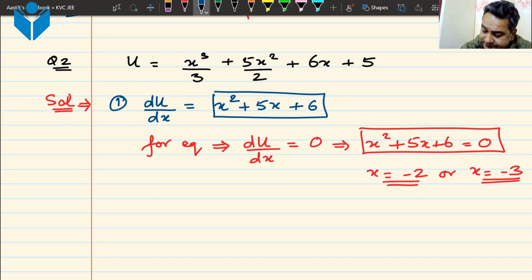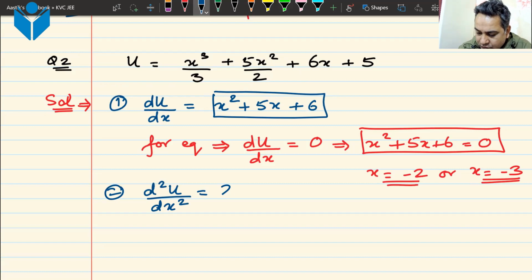What is the next step, beta? Finding the second derivative, d2u by dx squared. 2x plus 5. That is absolutely correct. Now I have to find out whether this value is positive or negative. So the first thing is I put x is equal to minus 2.